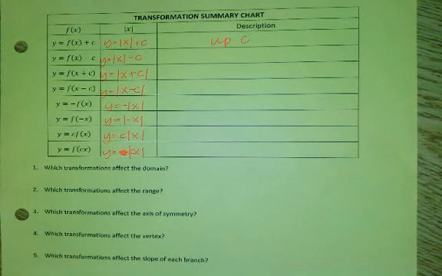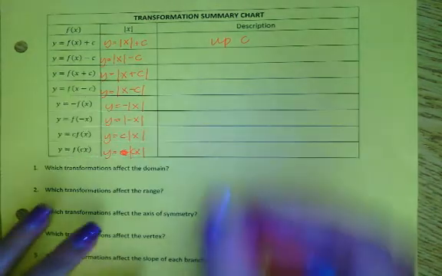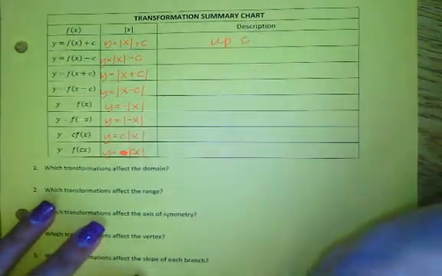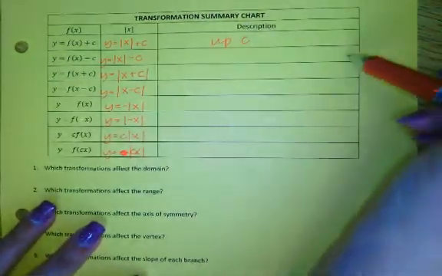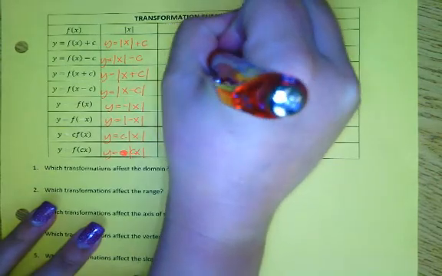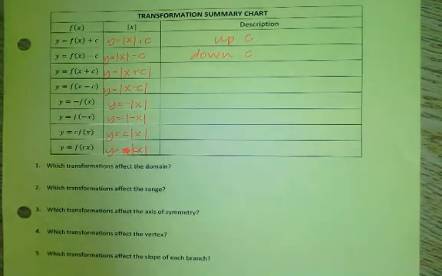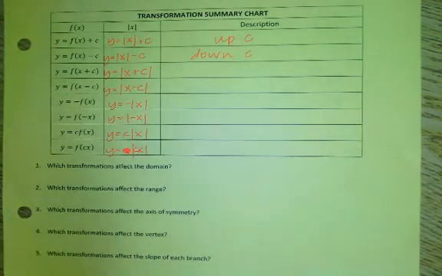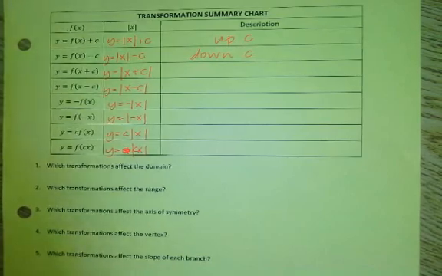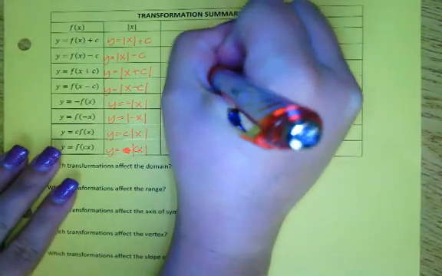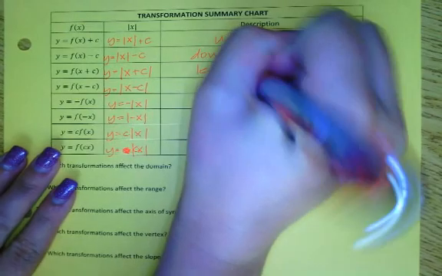Okay, for the second one, y equals absolute value of x minus c, what happens? Down c. Okay, y equals absolute value of x plus c, inside the parallel bars, and what does that mean? Very good, left c.